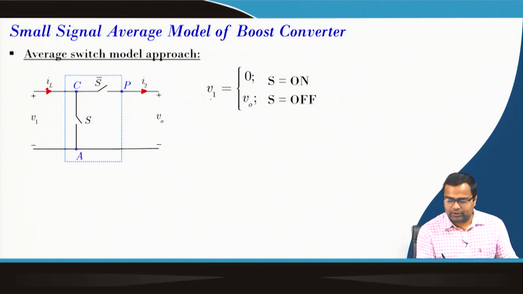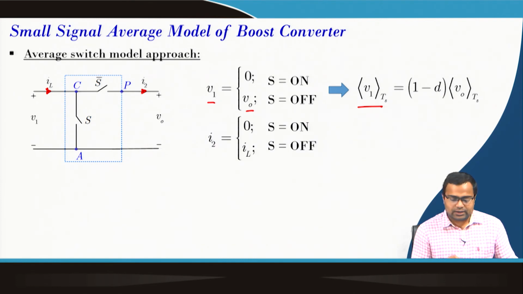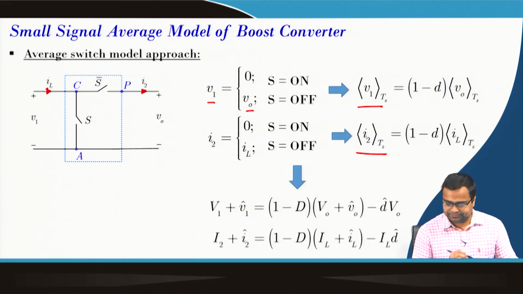So, the input voltage can be written in terms of the output voltage when the switch is off, and the average input voltage is nothing but 1 minus d into the average output voltage. Similarly, the output current is nothing but the inductor current when the switch is off, and it is 0 when the switch is on. So, you can write the average output current as 1 minus d into the average inductor current.